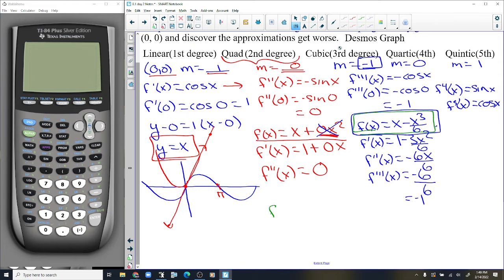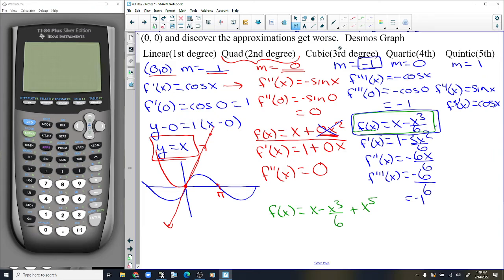I'm going to say that the fifth derivative fits like this. x minus x to the third over 6 plus x to the fifth. But remember, I need the fifth derivative to be 1. And we're going to have a problem.